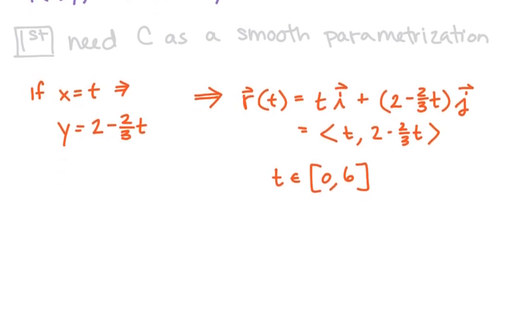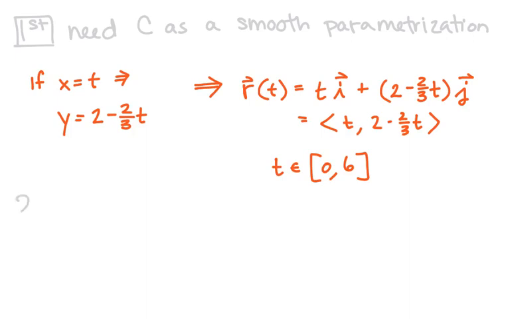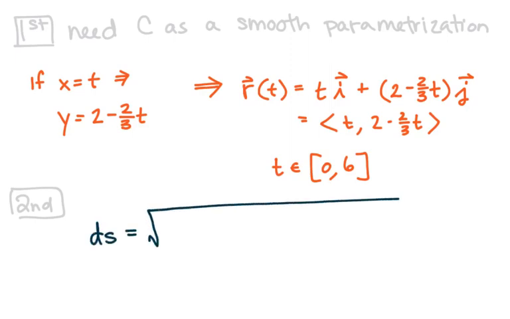So the second thing we would need would be ds. Okay, so ds is going to be the square root of the sum of the derivatives squared. So the derivative of t, we would have 1 squared plus my derivative right here, that's going to be negative 2/3, so I now have negative 2/3 squared.